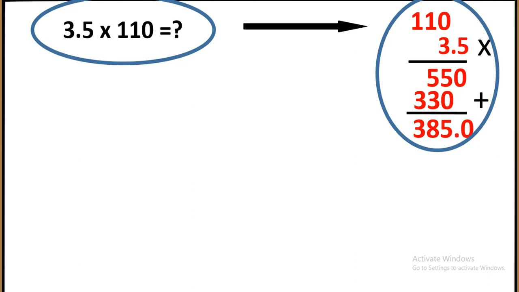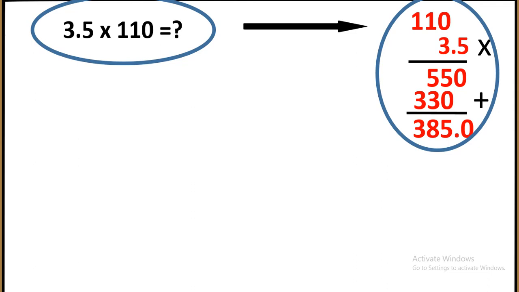In this case, only one digit of the decimal point, that is 5. So at the total result, 3850, the decimal point is put between 5 and 0. So the final result is 385. This is the standard procedure by using pencil and paper.